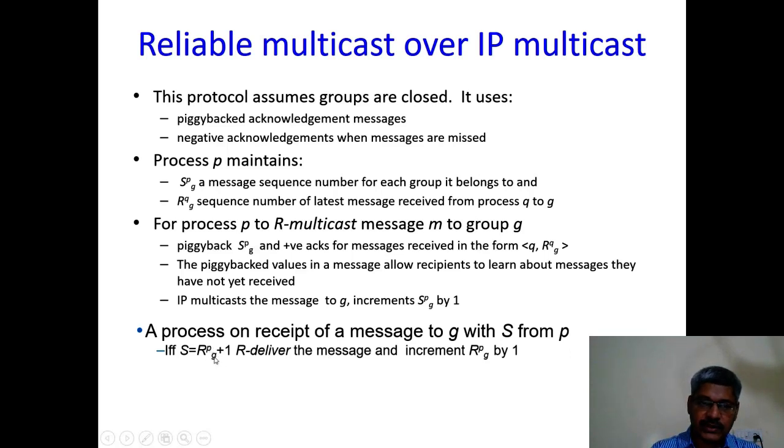So basically, what is the last message and its sequence number which you have received from P? You check the S value in the current message. If S is equal to the previous value plus 1, then great, you have not lost any message, so you immediately R-deliver the message and increment this RPG value by 1.